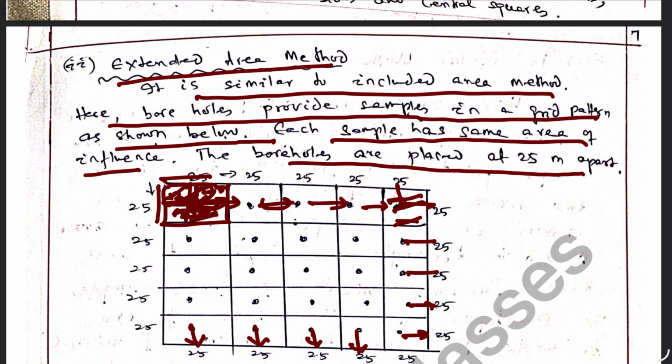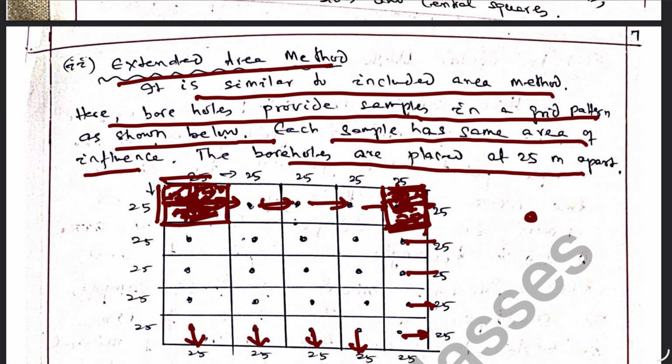So all the blocks are estimated so that they have their uniformity in the occurrence of the ore body. In each block there is uniformity in ore body because its area of influence has been found out.